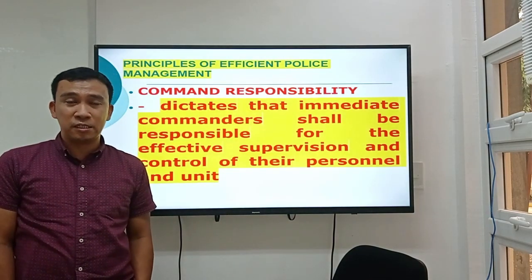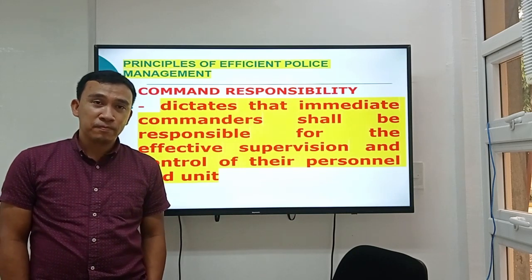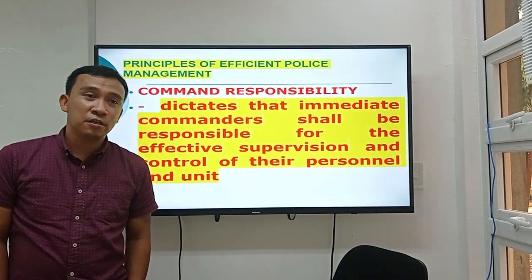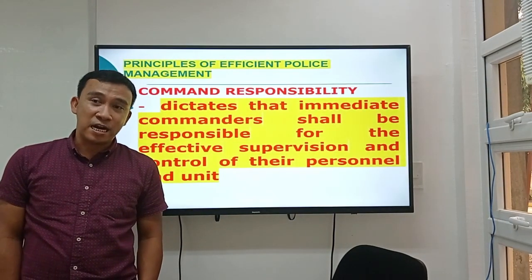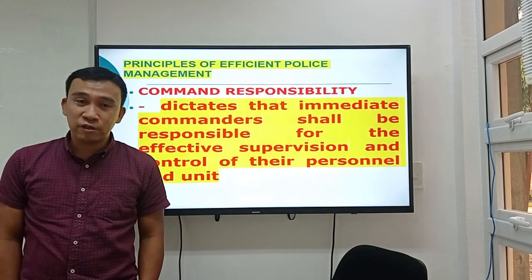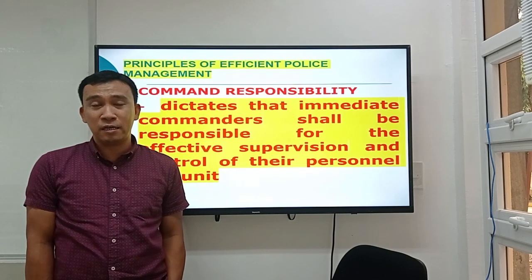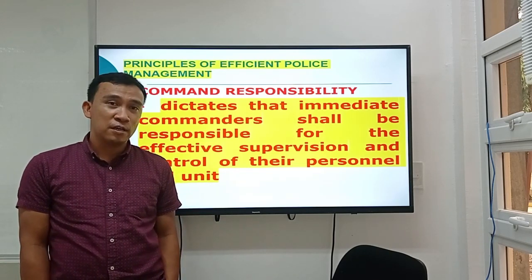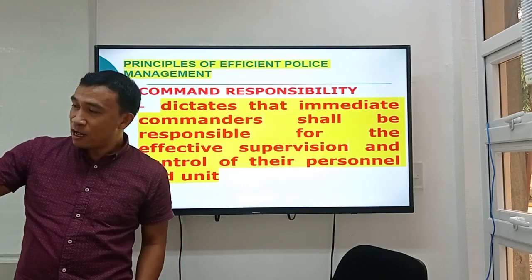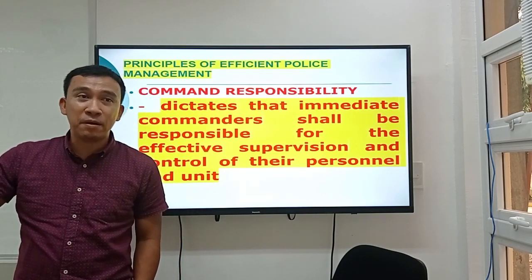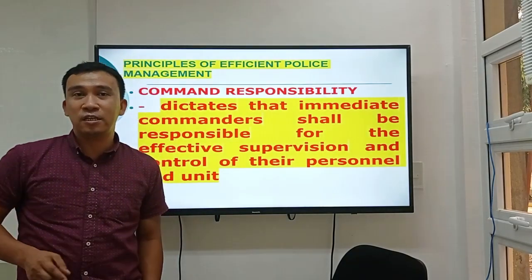And because of this principle, this is very strong principle sa police organization, so tinamaan siya ng command responsibility. Dahil tao niya yun, at yung tao niya ay gumawa ng krimen, gumawa ng kalokohan, siya bilang immediate supervisor, immediate superior officer ng mga kapulisan niya, ay damay siya at siya ay tinanggal sa police organization.